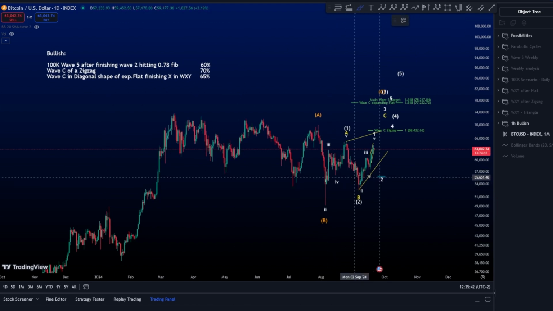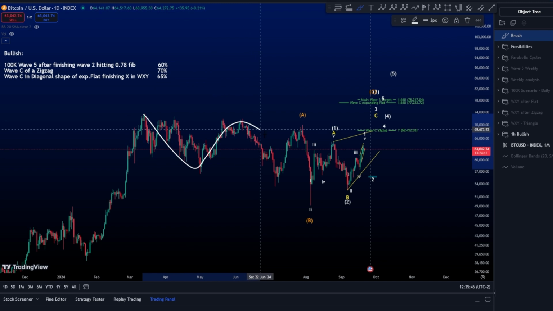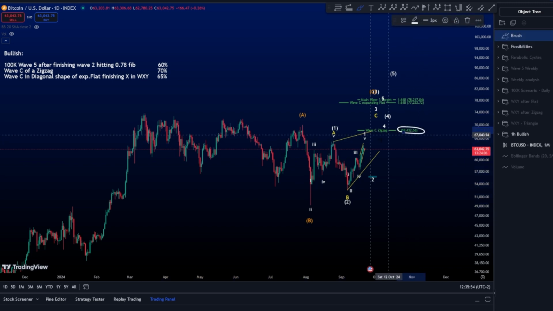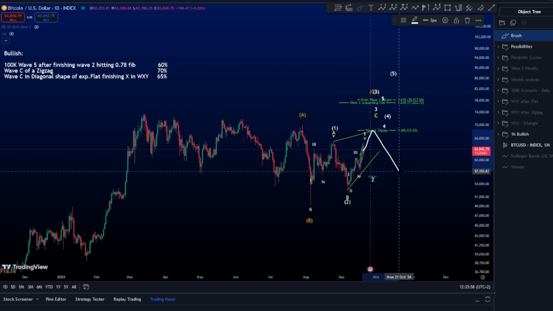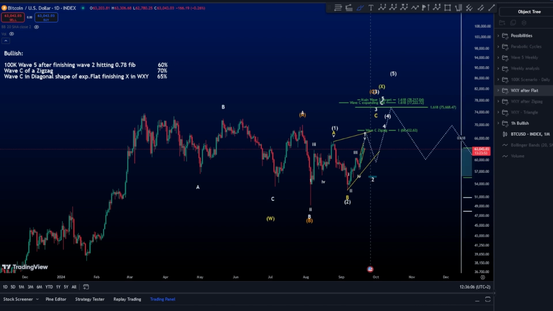So the first target is again the same as the bearish scenario where you have ABC. Then you are looking at a zigzag. This zigzag target is at 68,400. So once you reach this target, if we see a move back down towards the downside, it's not necessarily going directly to a zigzag WXY after a zigzag here, right?